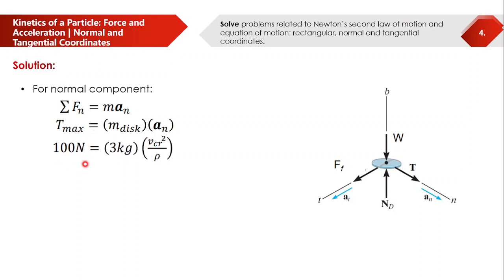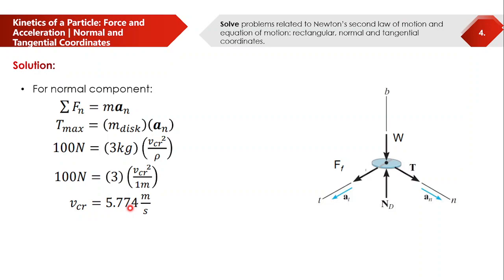So that would be 100 Newton is equals to 3 kilograms times critical speed squared over the radius. Okay. So that will be 100 is equals to 3 times the critical speed squared over 1 meter, since 1 meter yung radius natin na given sa problem. Okay, so that will be the critical speed will be equal to 5.774 meters per second. Okay? So meron na tayong critical speed natin dito.